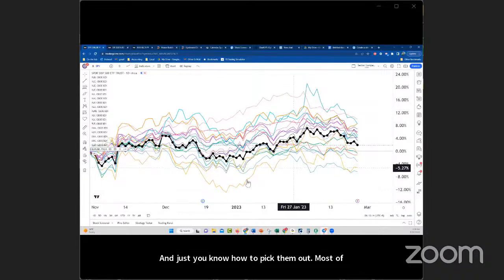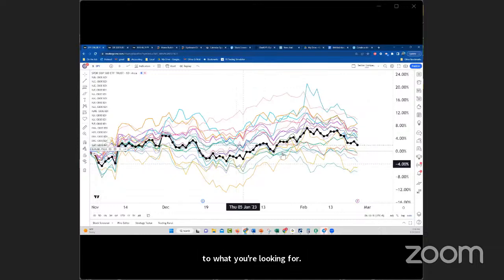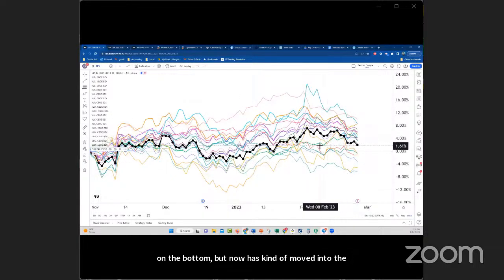What I'm looking for is stuff that back here was on the bottom, but now has moved into the middle or even the top area. Also, I want to know what's on the top, and is it rolling down? Is it dropping below the previous highs? Are we seeing a rotation of leadership, as they call it, in the performance of different sectors?